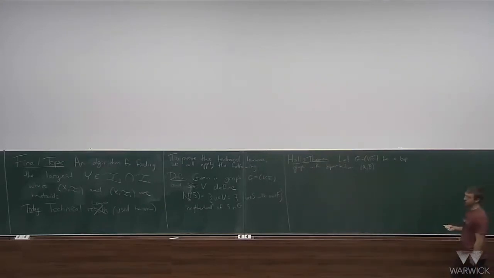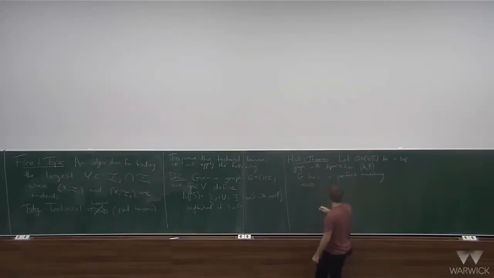So we want to characterize when G has a perfect matching. Remember, a perfect matching is a matching that saturates all the vertices. So every vertex is in one edge of the matching.